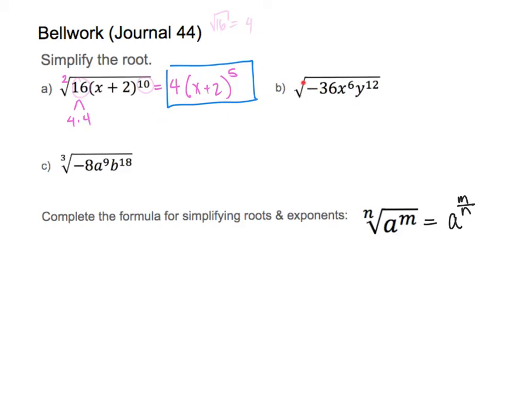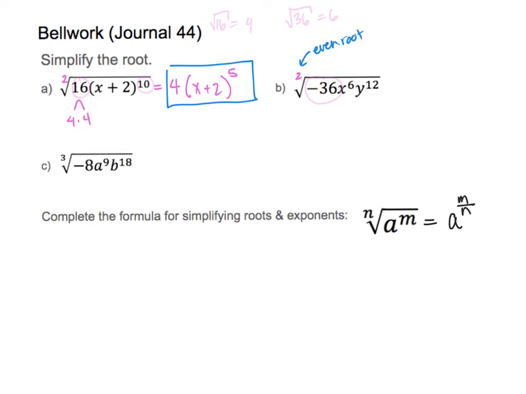With this one here, I also have another square root. So again, there's a 2 that's outside this root. But I also want to mention here, we're going to have to take the square root of 36. And this is a negative 36. So first off, the square root of 36 is 6. But because this is a negative, this is not possible for us to take the square root because last time we talked about this, anytime you have an even root, you cannot take the even root of a negative number that's inside.